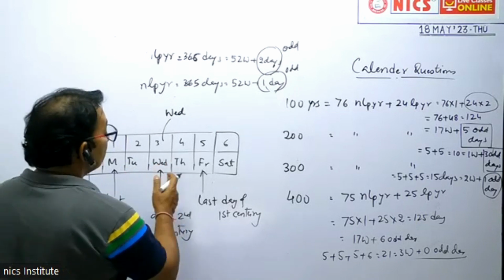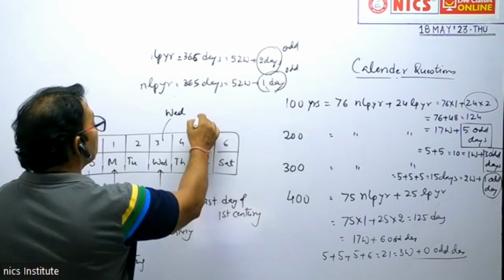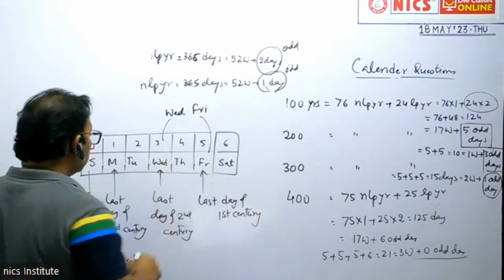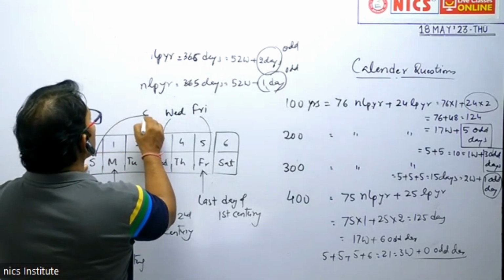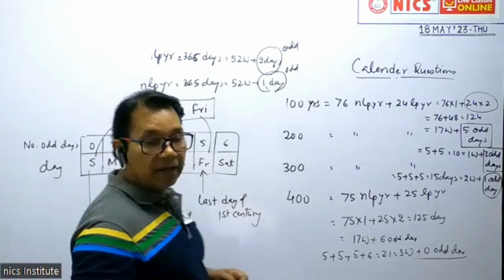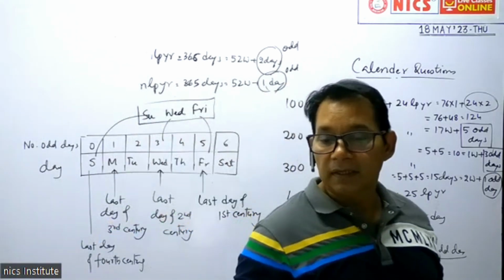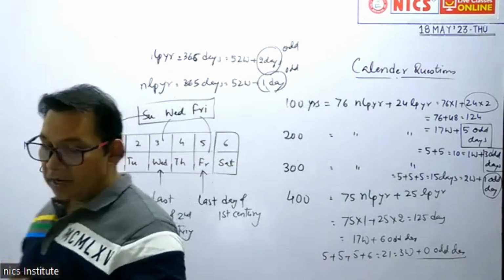But since Thursday cannot be the last day of a century, that means Friday cannot be the first day of a century. And similarly, Sunday cannot be the first day. Sunday, Wednesday, and Friday cannot be the first. Yes, Malaika, you're right. Sunday, Wednesday, Friday cannot be the first day of a century.